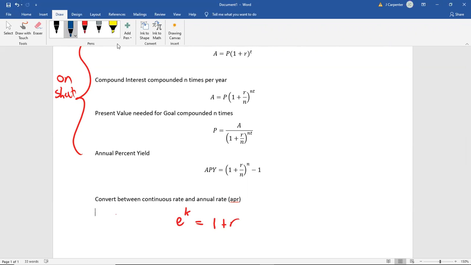But again, the idea here was that this is one growth factor, this is another growth factor. We're just setting 2 growth factors equal to each other. That's all this is. E to the k is the growth factor in that continuous model that Excel uses.